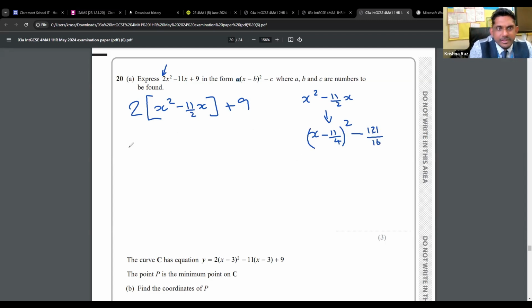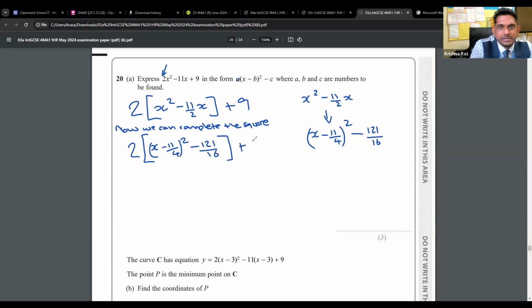So we need to reinsert that into the square bracket. Now we can complete the square. We have x minus 11 over 4 squared minus 121 over 16 plus 9.